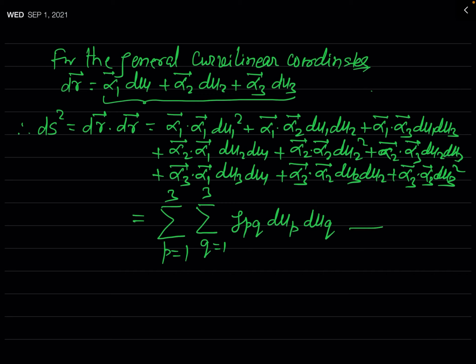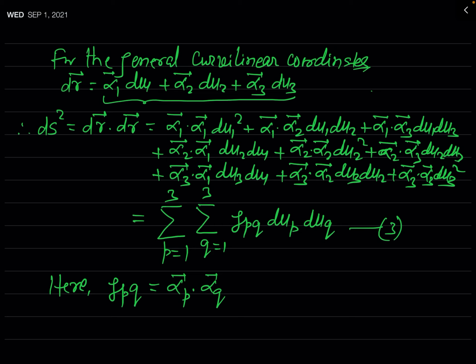Let us say, in fact here I have written g_pq is equal to alpha p dot alpha q, where p and q both run from 1 to 3.